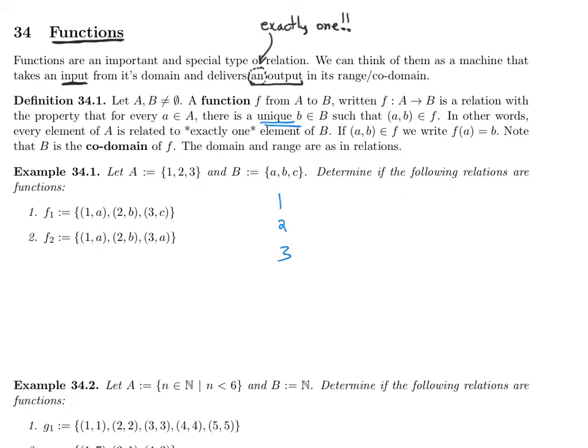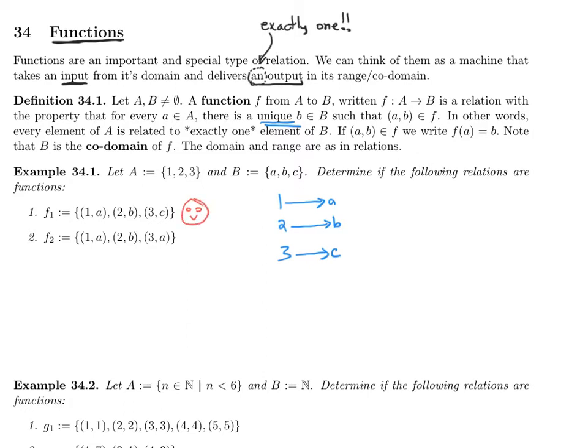And in our codomain, we have A, B, and C. It tells us that 1 is related to A, 2 is related to B, and 3 is related to C. You can do a little check: for every element in your domain, how many elements in the codomain is it related to? 1 is related to exactly one thing, A. 2 is related to exactly one thing, B. 3 is related to exactly one thing, C. So this one is indeed a function.